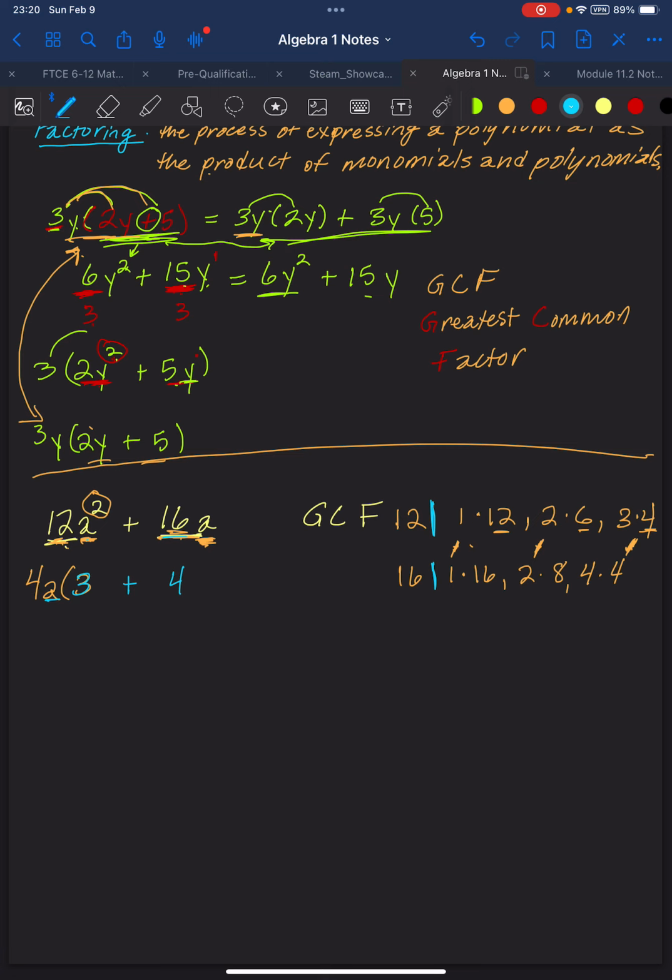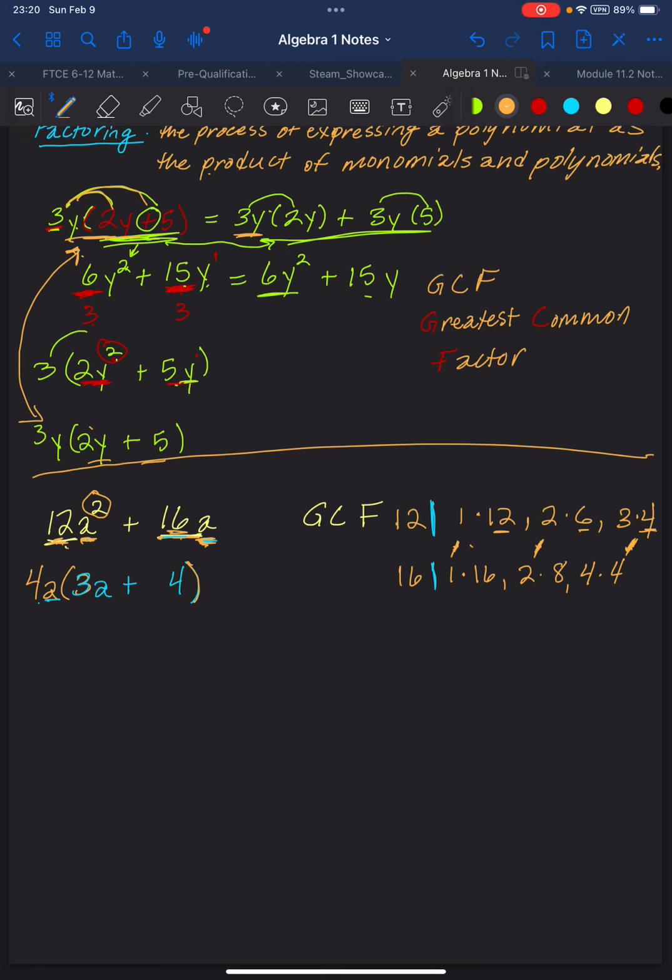We took 1 a from here, so I'm left with 1 a left over. This one only has 1 a, so that means we don't have any a's left over. So if we factor that, now we're left with 4a times 3a plus 4. And we're done. That's it. We just factored it.